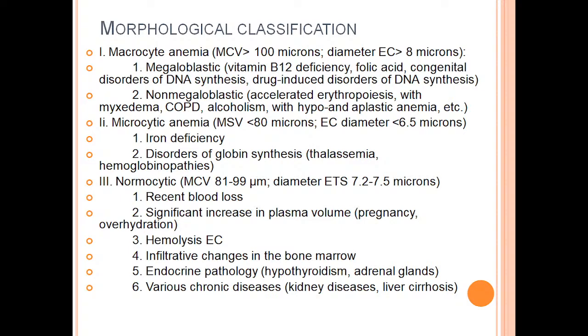The second type of classification is microcytic anemia. Oh, sorry, here it's not S, here it's C. MCV is less than 80 microns. We see this situation in iron deficiency anemia and disorders of hemoglobin synthesis.